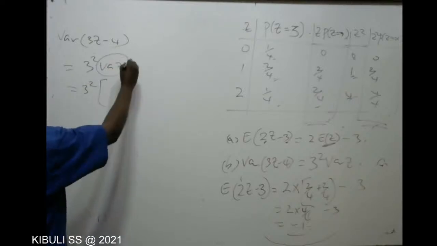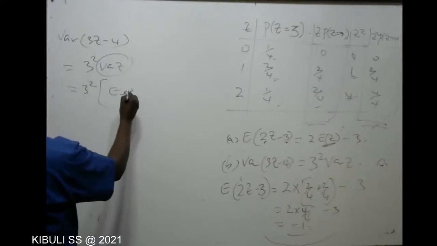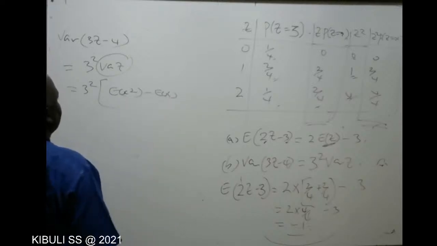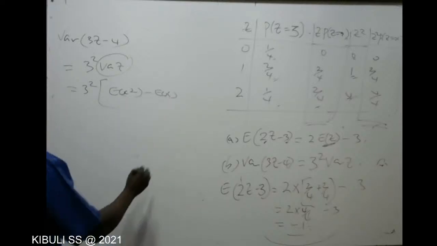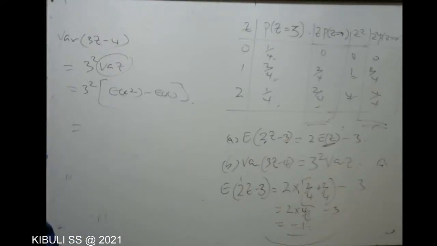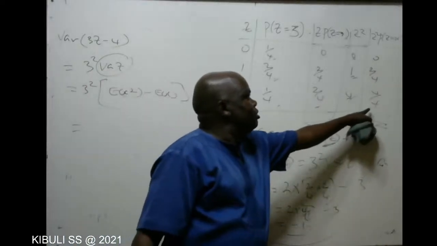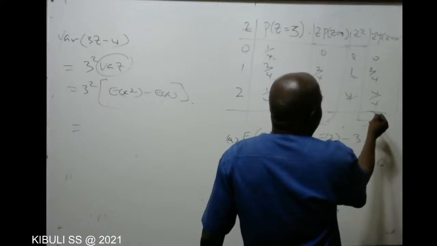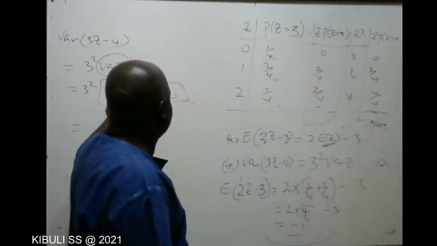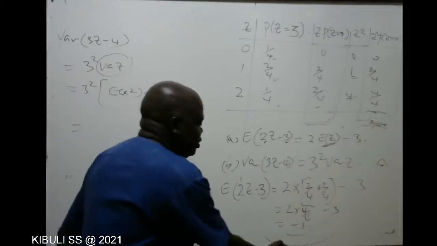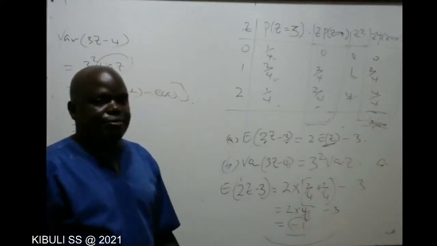So you substitute the variance of z, which is equal to expectation of z squared minus the expectation of z squared. So you substitute them in that. This is the expectation of z squared, so you work out this sum here. You add this and substitute here, minus the expectation, which is that one. But this expectation must be squared.